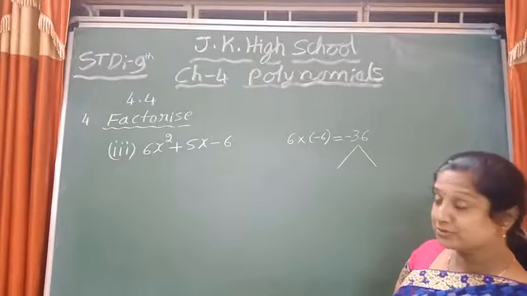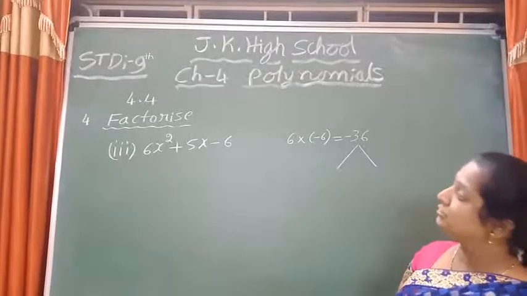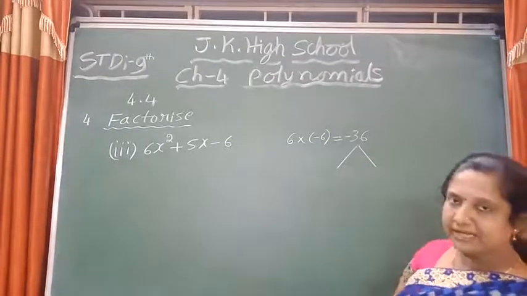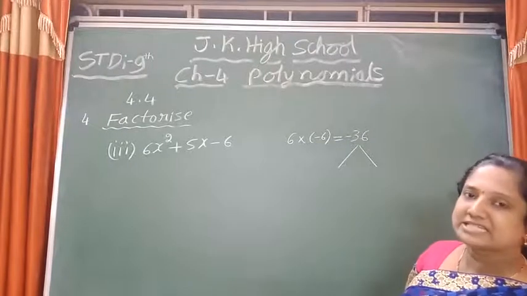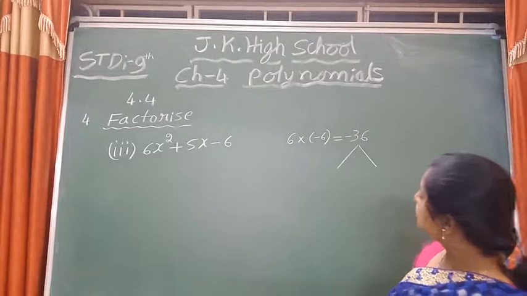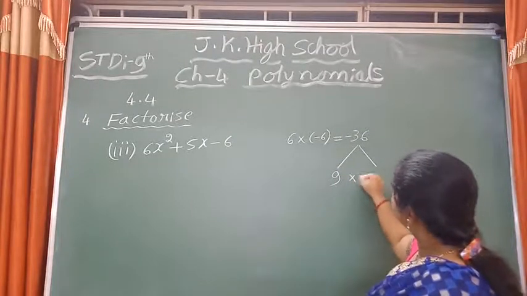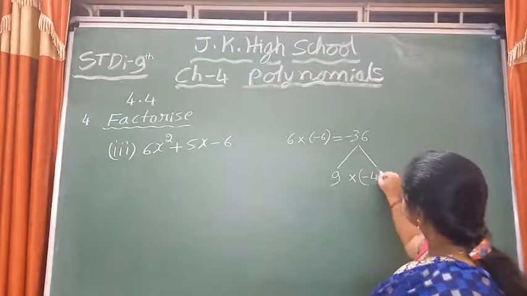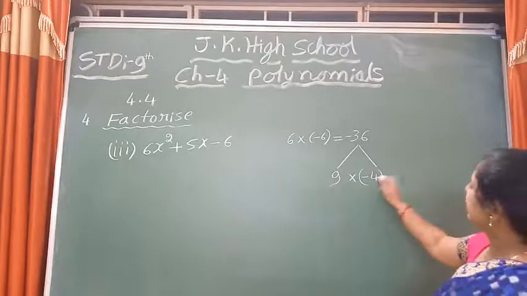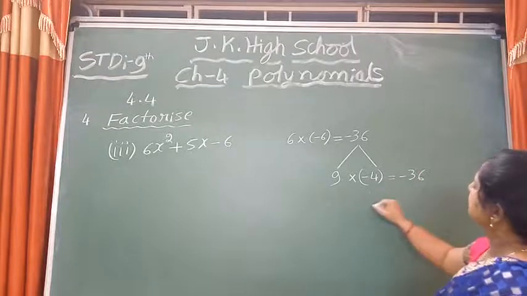Which number can I choose then? 5 should come. Which number if I choose? I am going to get plus 5 as the middle number, and when I multiply I should get minus 36 as the answer. So if I choose plus 9 into minus 4, 9 4s are 36, plus into minus, minus 36.